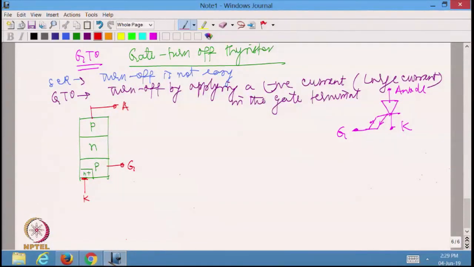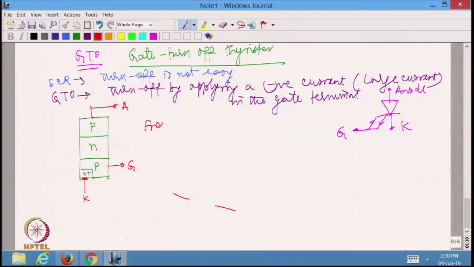So, in this gate I have to make sure that the current can go in either direction. Normally when the thyristor is conducting, you are going to see that lots of holes are going to be here. Essentially by applying a negative current, you are going to evacuate all those holes.